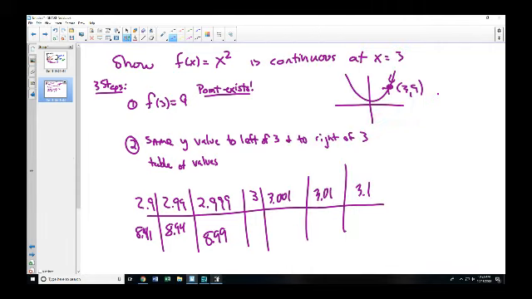Those go towards 9, and those go towards 9, right? We can conclude that that function approaches 9 from each side. That's supposed to be an arrow.